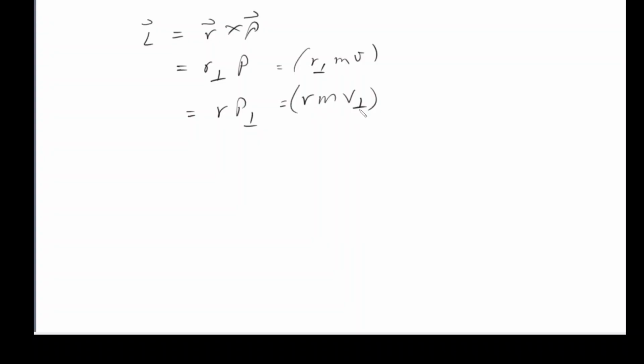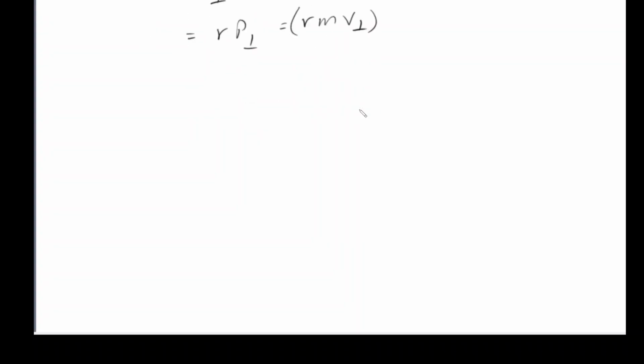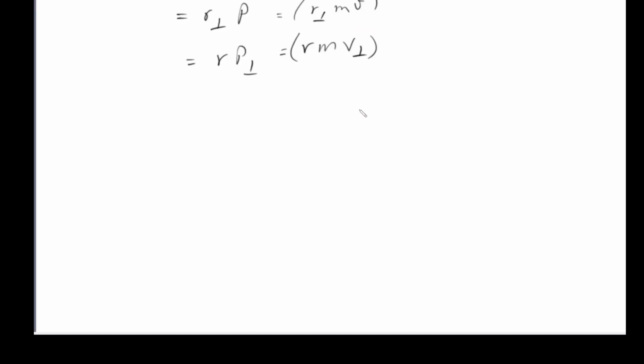So again, different ways of finding angular momentum. And from Newton's second law of motion for rotation, we know that torque is equal to dL/dt, the change in angular momentum with time. That's similar to force equals dP/dt in linear mechanics.